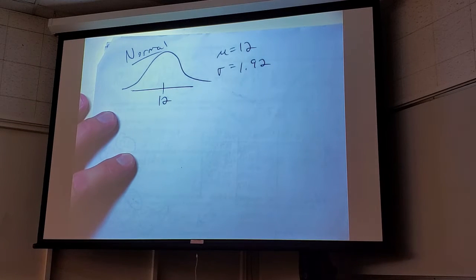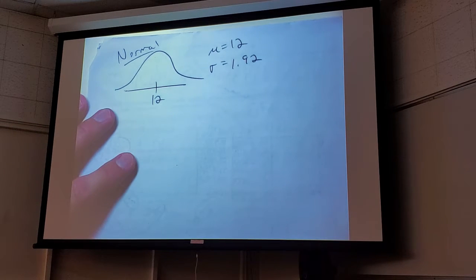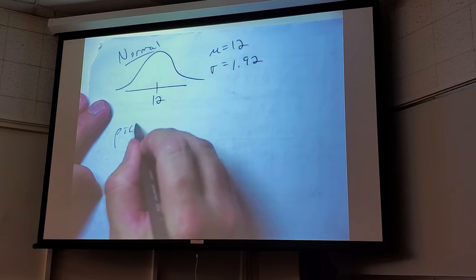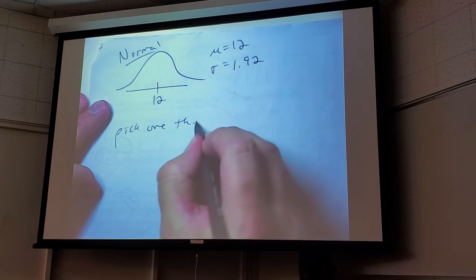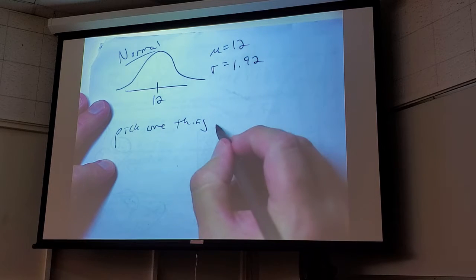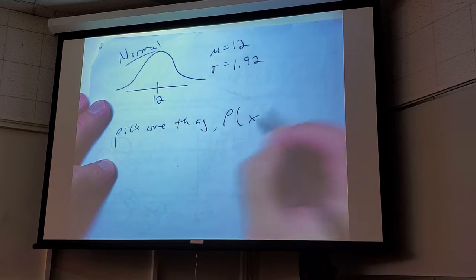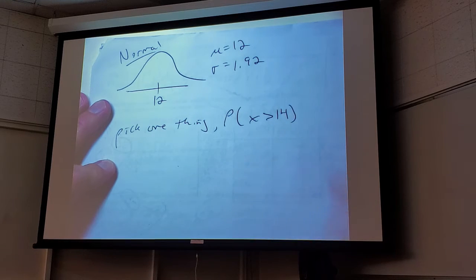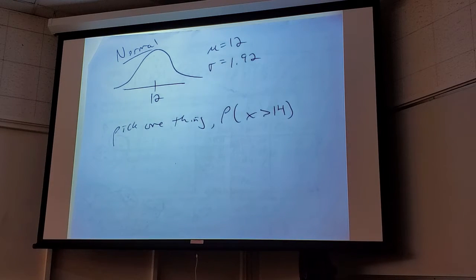All right. So I want to know, if I pick one thing from this population, what's the probability that that thing is greater than 14?